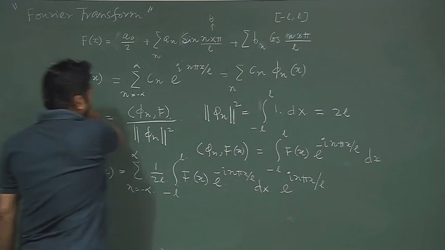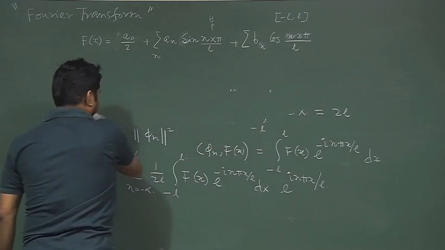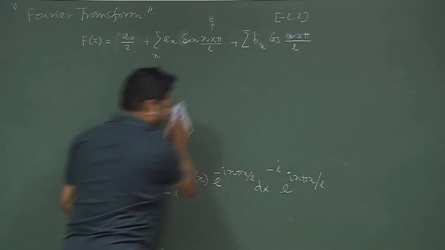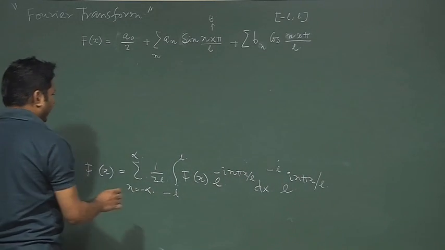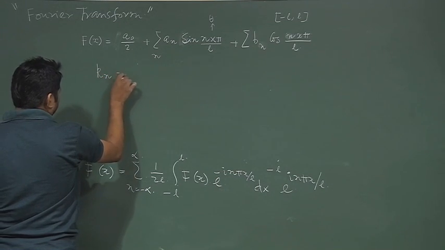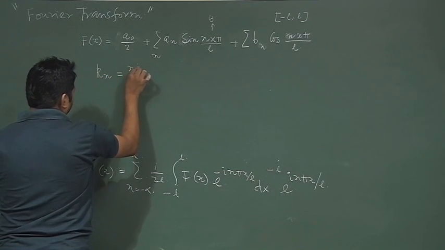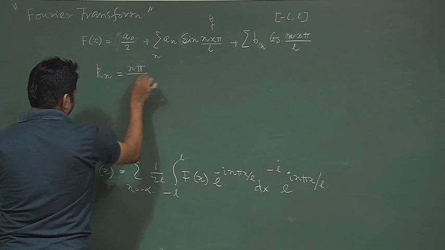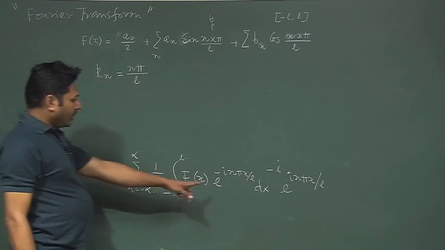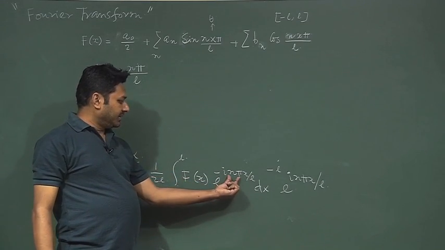So now I will put something interesting here. Let us put k with a subscript n equal to n pi by L. So this quantity n pi by L can be represented by k n.